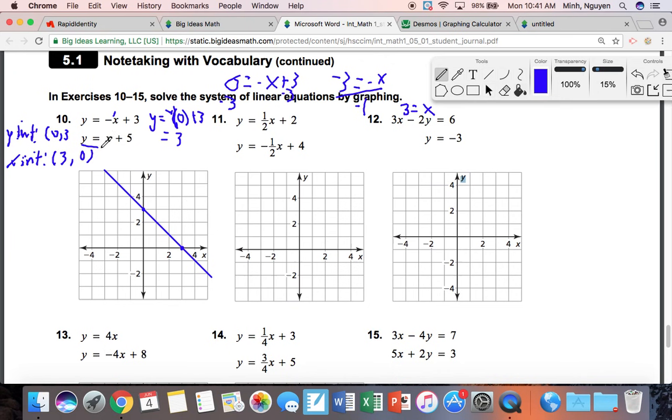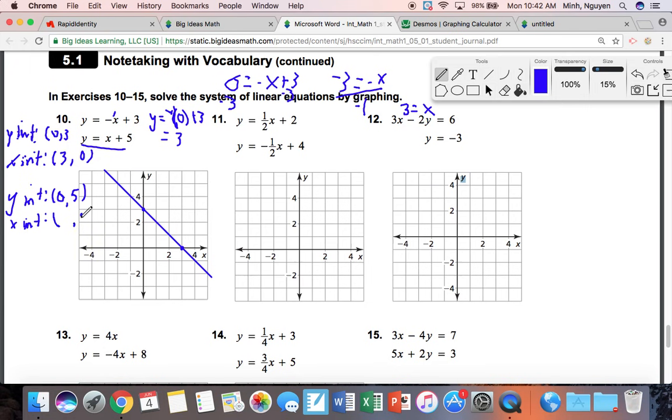We're actually going to go over here now and find the y-intercept, when x is equal to 0. So 0 plus 5 is equal to 5. And if you're not sure how to do this, just go back to the last chapter and find the video on finding x and y intercepts.